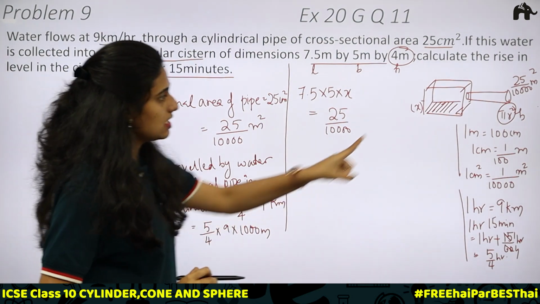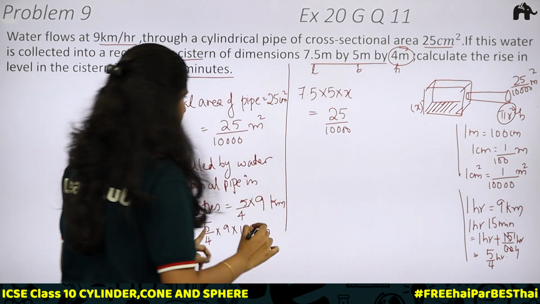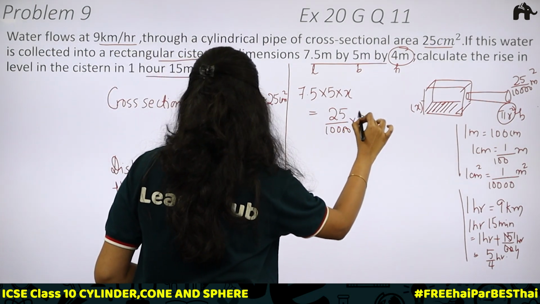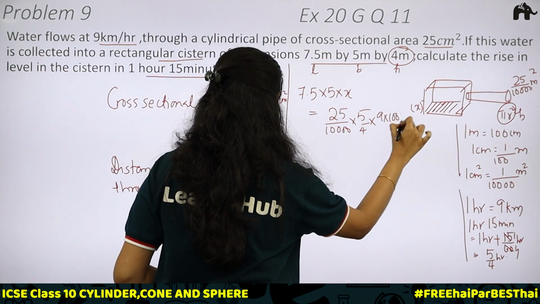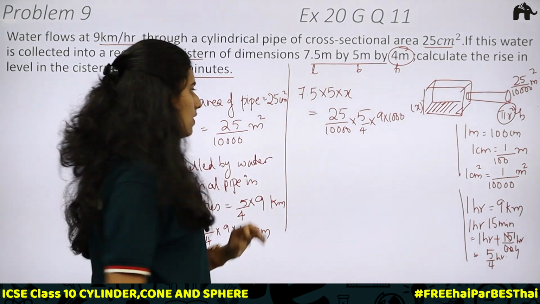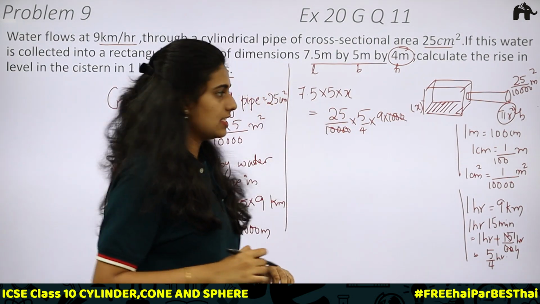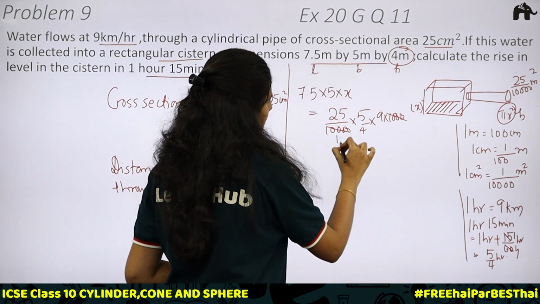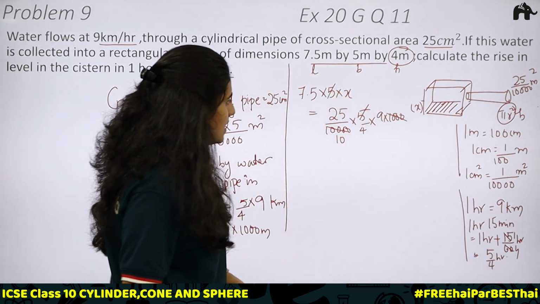This is the distance travelled by water through the pipe, which is 5 by 4 into 9 into 1000. When you solve this, you will get the x value. 1000 and 10,000 can be cancelled, and you will get 10 here. 5 and 5 can be cancelled.